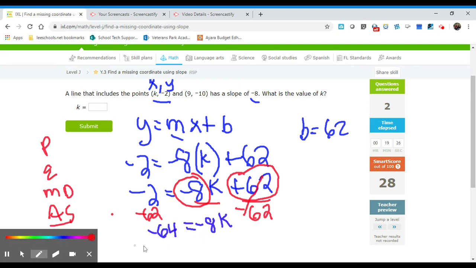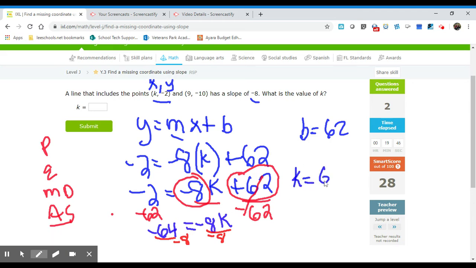Well, in algebra, the opposite operation. Since this is -8 times k, to get rid of it, we divide by -8. And our answer is going to be k equals positive 64.